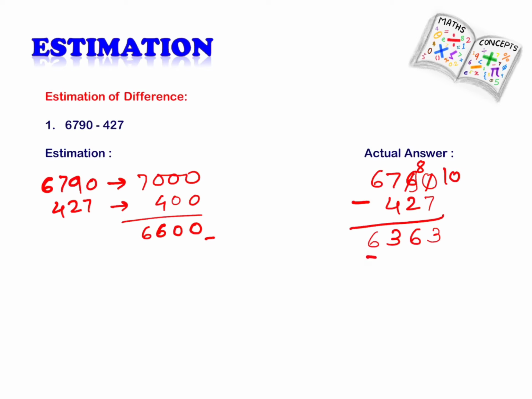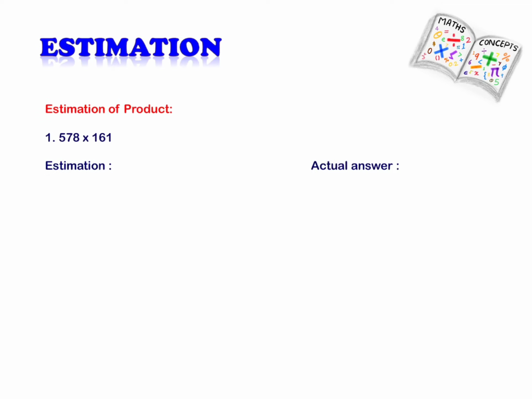The answer is pretty much close. Okay, again as I said, if you round this number off to nearest hundreds, the answer will be even closer. Okay, let's see the estimation of product.